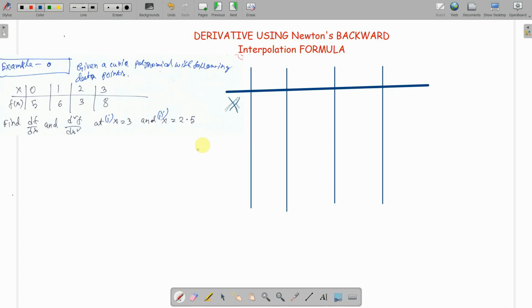It's coming around how much? How did 20 come?